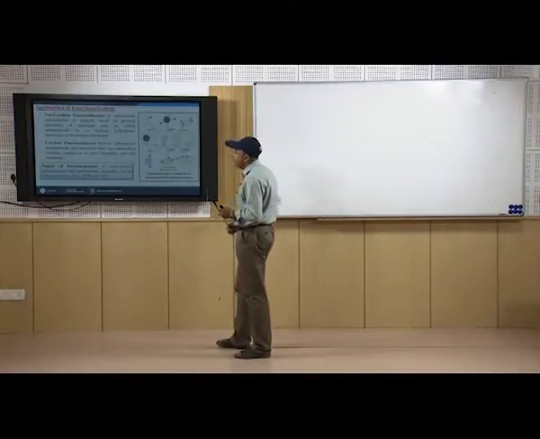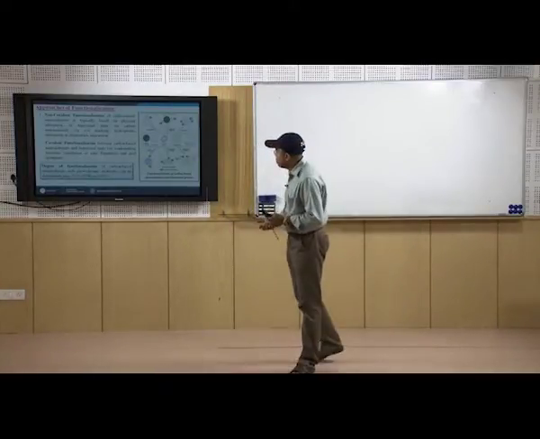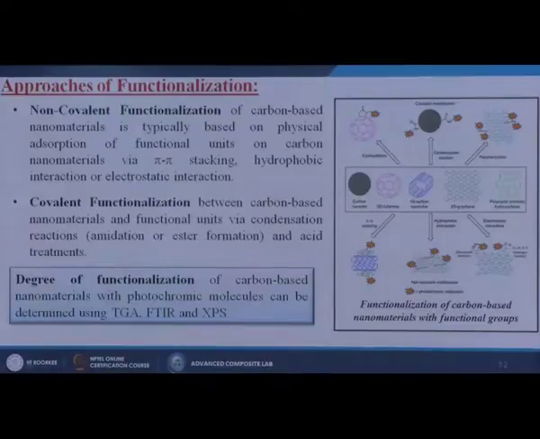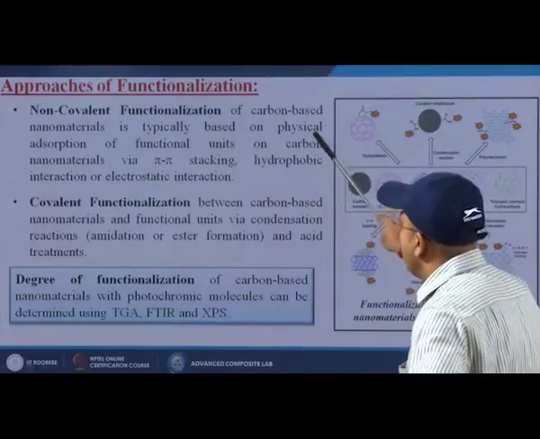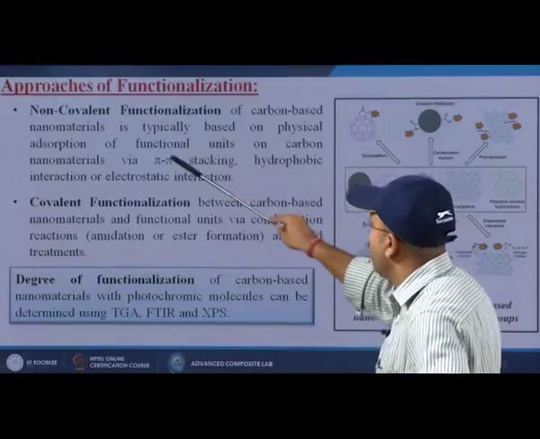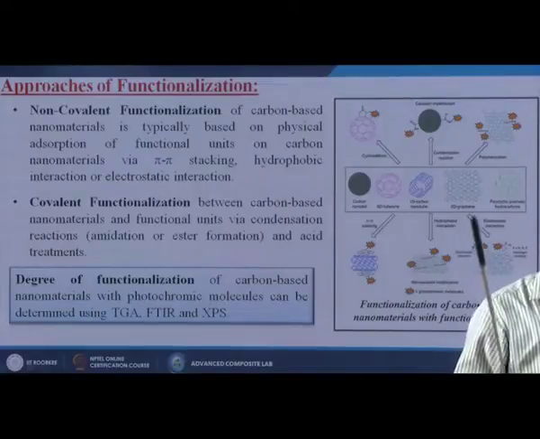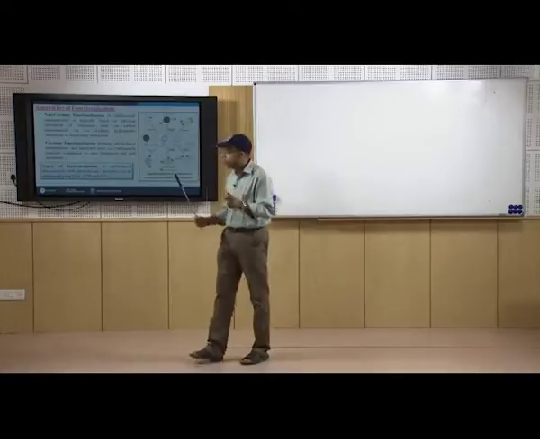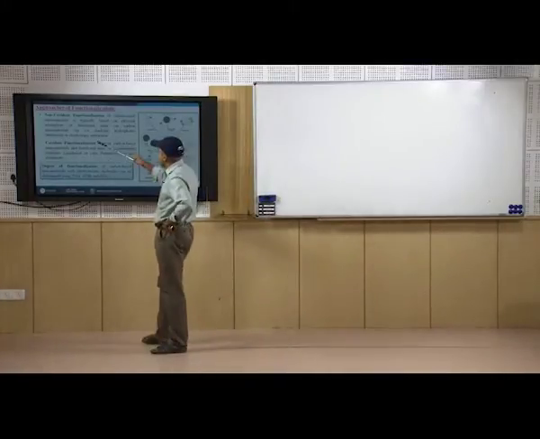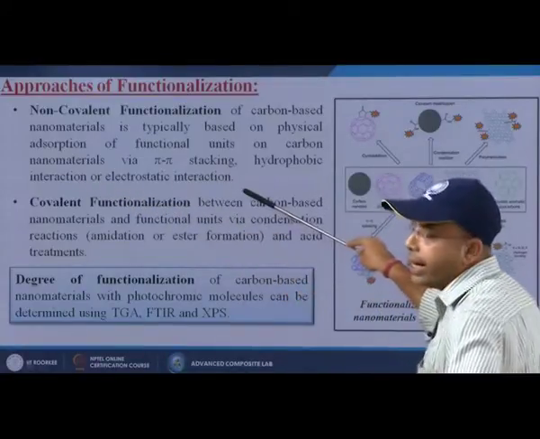So here, what are the approaches by which we can do this kind of functionalization? So the first one is called the non-covalent functionalization, and the second one is called the covalent functionalization. Non-covalent functionalization of carbon-based nanomaterials is typically based on the physical adsorption of functional units on carbon materials, like pi interactions or maybe pi bonding between the functionalized groups and your nanofillers or nanoparticles, or sometimes it is called pi stacking, hydrophobic interactions or maybe some kind of electrostatic interactions.